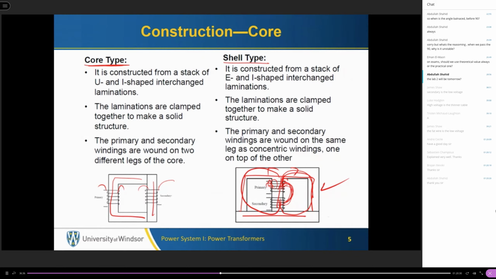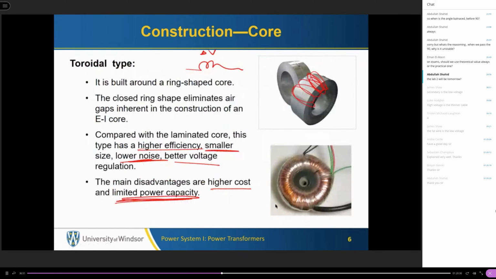Like this core has losses, due to eddy current losses, hysteresis losses, and so on. So we also have to think about the fan and the ventilation mechanism to cool down the transformer when it deals with high power. This one, the toroidal type, as you can see, everything is dense.